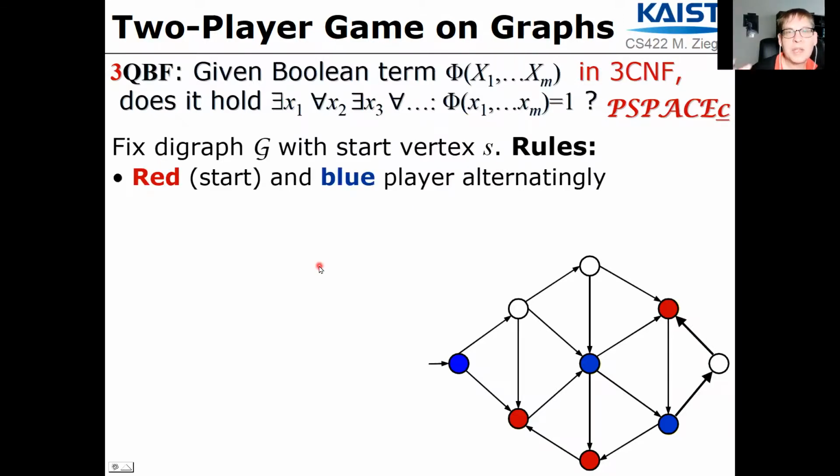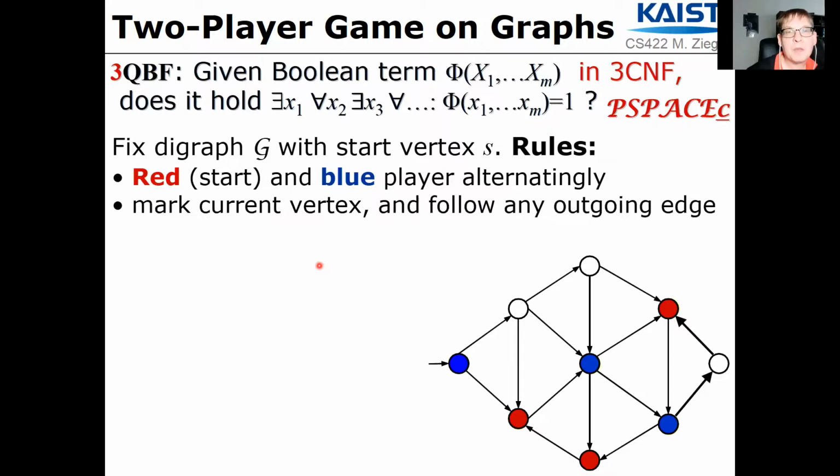We have the rules that alternatingly the red and the blue player place pebbles in their respective color onto the nodes, always following one edge in the designated direction: mark the current vertex, and then follow an outgoing edge to a yet unmarked vertex.